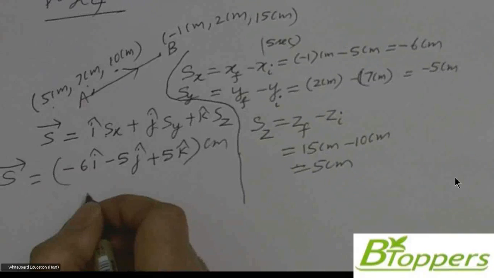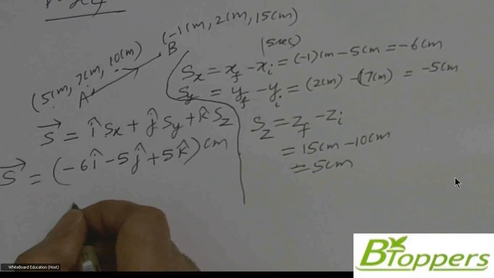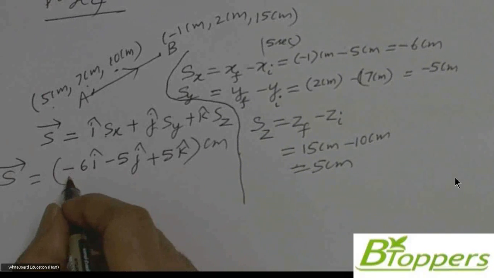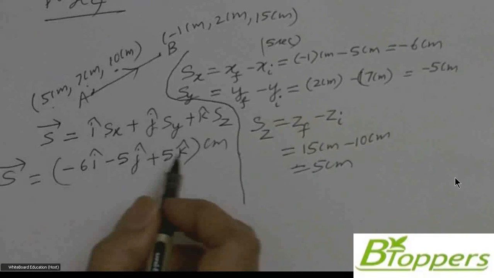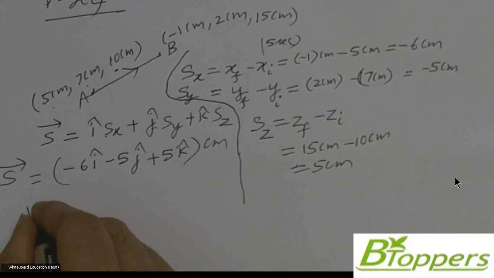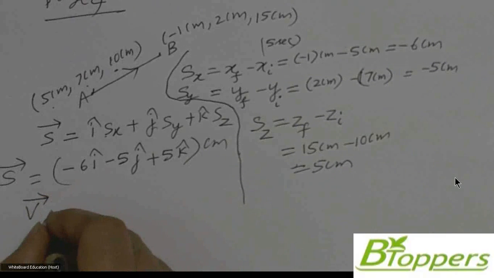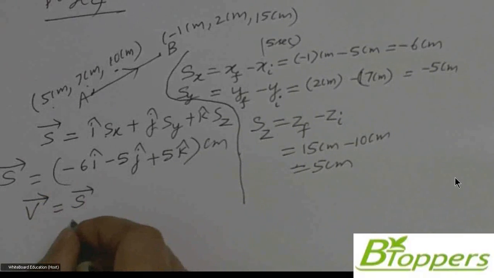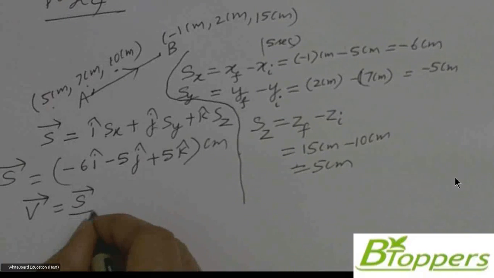So when a particle moves with constant velocity, we can write displacement vector is equal to velocity vector into time interval. Or you can write the velocity vector of the particle is equal to the displacement vector of the particle divided by the time interval.